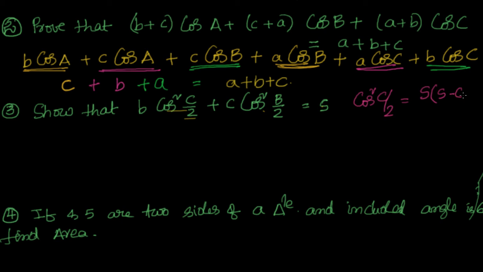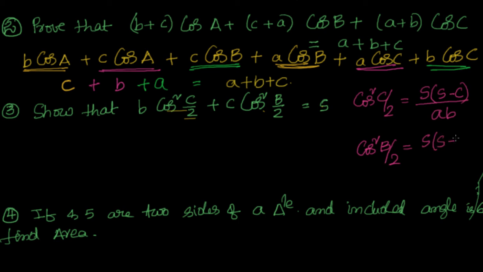Similarly, cos square b by 2 is equal to s into s minus b divided by ac. Now if I simply substitute that, it should be perfectly fine. So let's go ahead and do that.